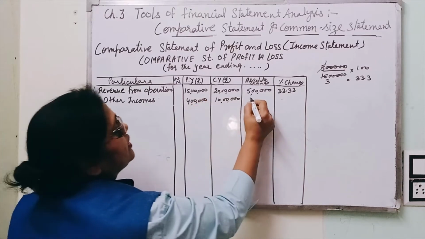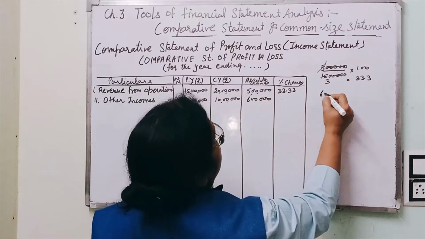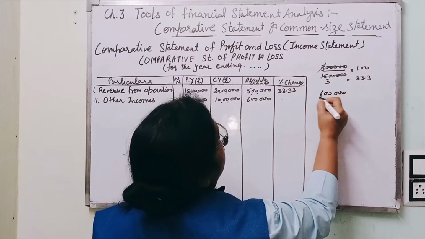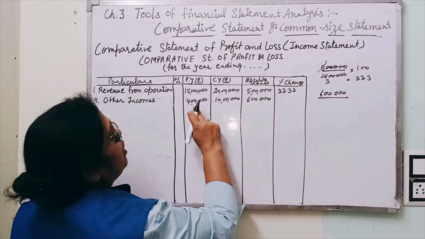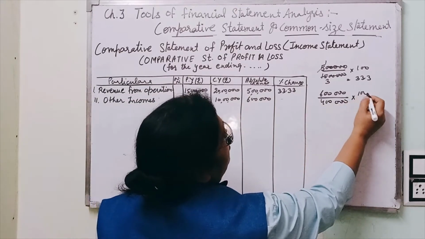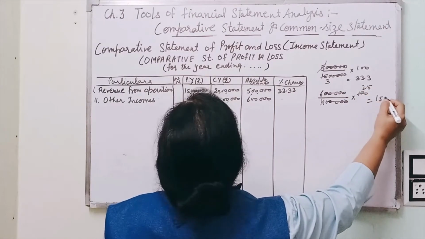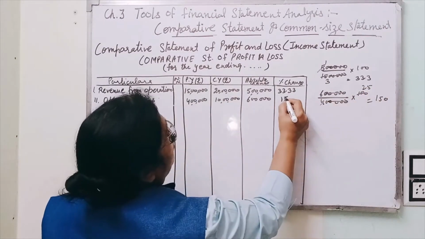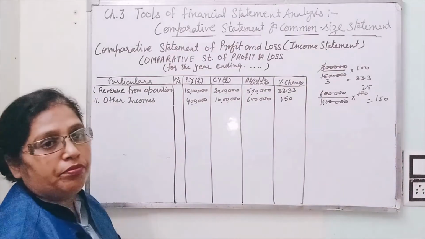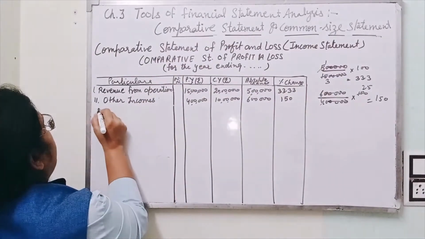Difference is 6 lakh. Now we have to calculate absolute change, percentage change from absolute change. Absolute change upon previous year's amount multiply by 100. 150%. Clear?